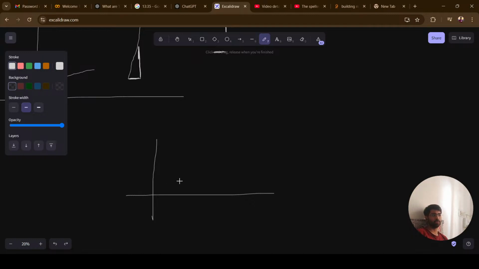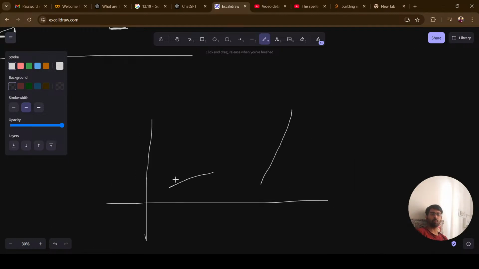You are not able to see this line or this line. But still, if you want to know which line is steeper, then you can calculate by this method.